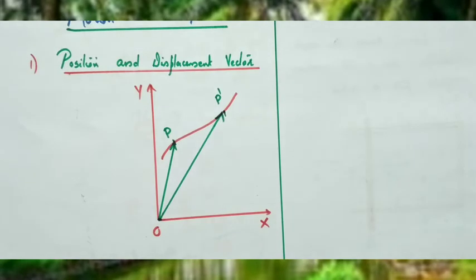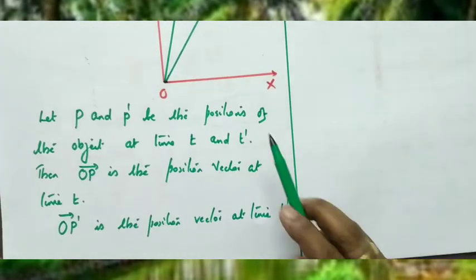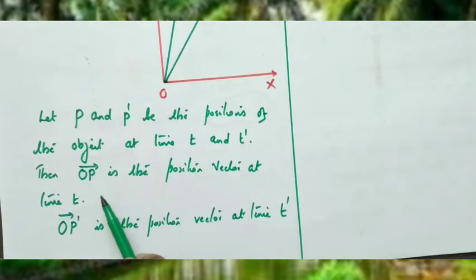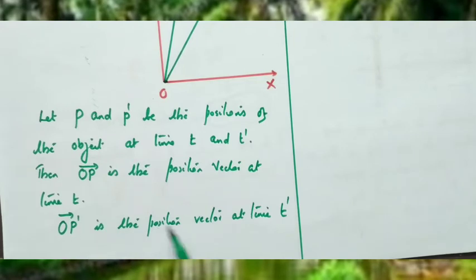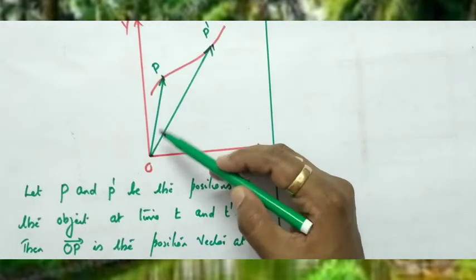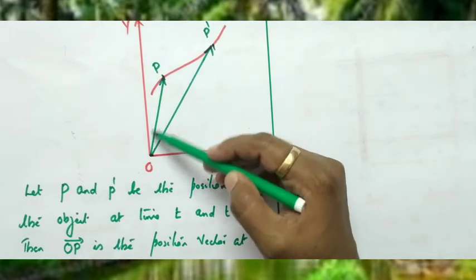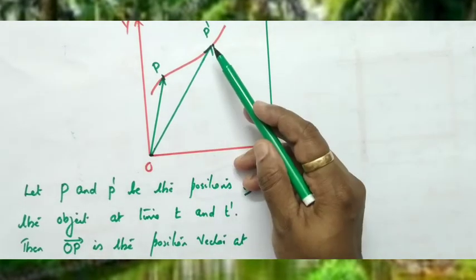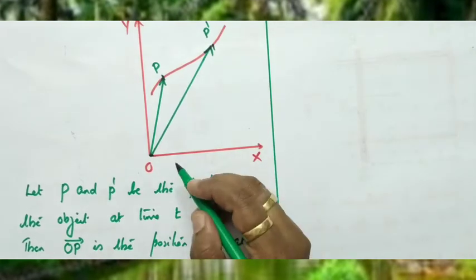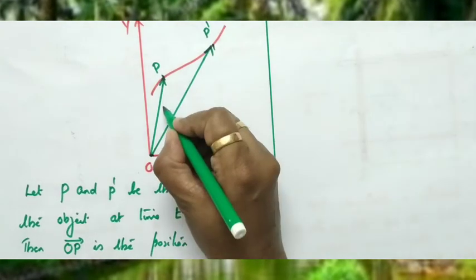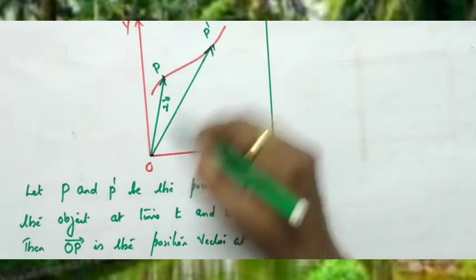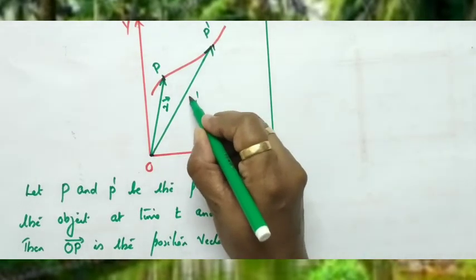Clear children? So let P and P dash be the positions of the object at time t and t dash. Vector OP is the position vector at time t and vector OP dash is the position vector at time t dash. And position vector is usually represented by R. So OP can be represented as vector R and OP dash can be represented as vector R dash.